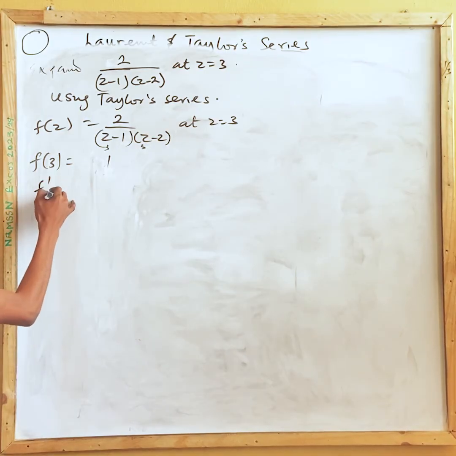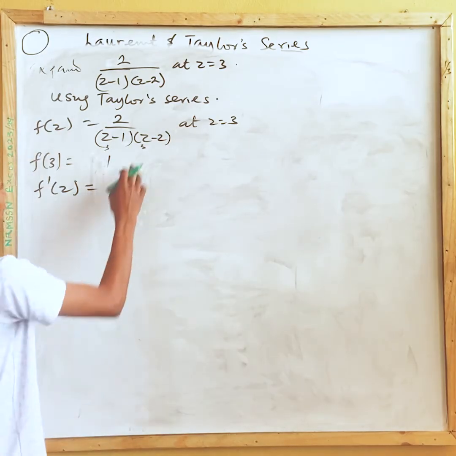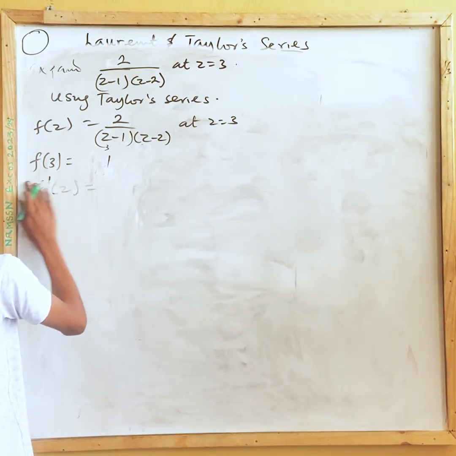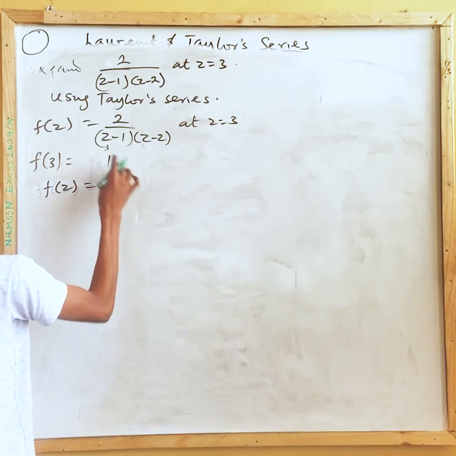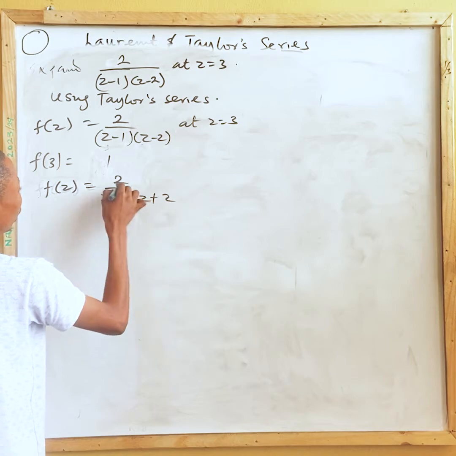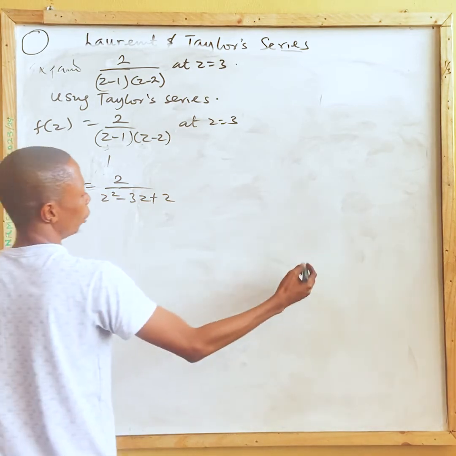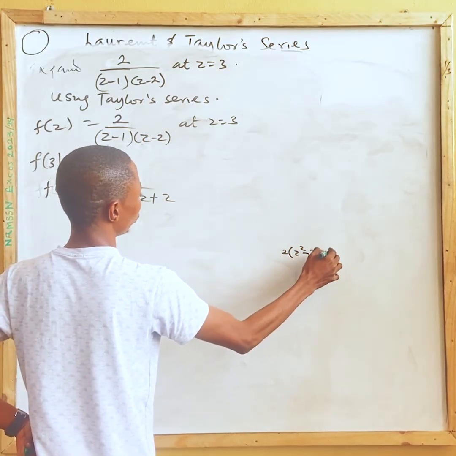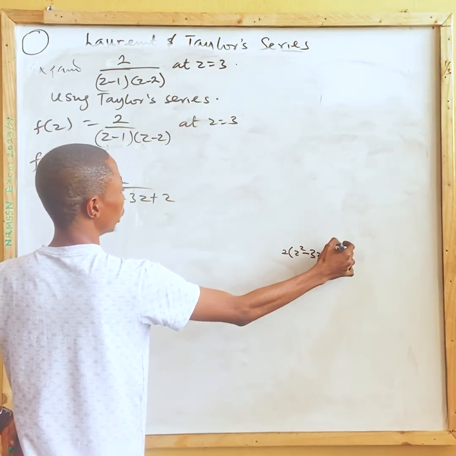Then we differentiate to get f prime of z. How do I differentiate 2 over (z minus 1)(z minus 2)? Before I differentiate, let's expand the denominator first. So f of z will be 2 over z squared minus 3z plus 2. Then how do we differentiate this? Chain rule. You are differentiating 2 times (z squared minus 3z plus 2) raised to power minus 1.